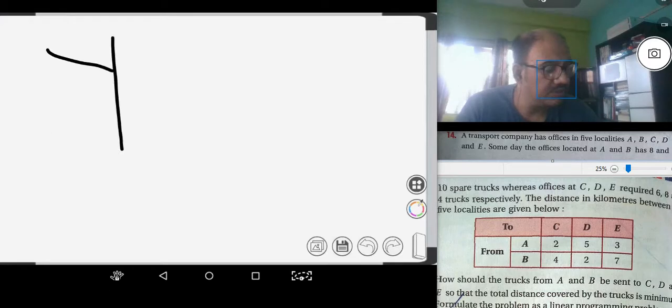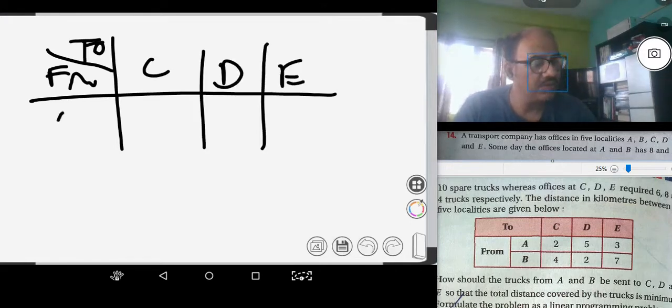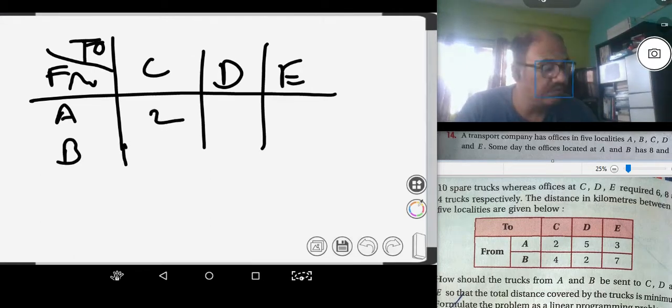So this is how it is given. It has to be transported from A and B to C, D, and E. The requirements are 6, 8, and 4.